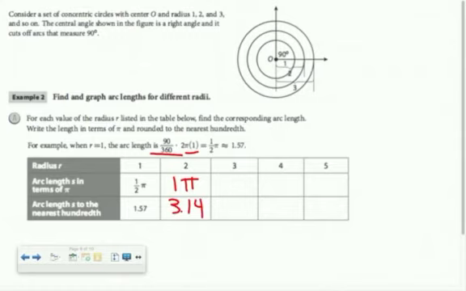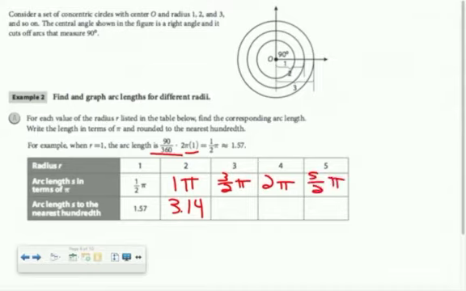What if the radius was 3? Then it would be 1/4 of 2 pi times 3. That's 6, so that would be 6 pi over 4, which reduces to 3/2 pi. So I think we see a pattern developing here. This would be 2 pi, this would be 5/2 pi.